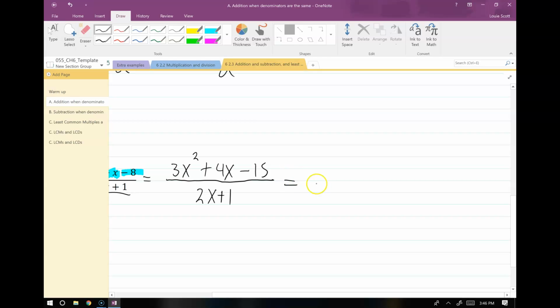So think about the way that this top thing is going to factor. My bottom is going to stay as 2x plus 1, and the only way to make the top into factors, this is a prime number, so it would be 3x and x. Is anything going to cancel?